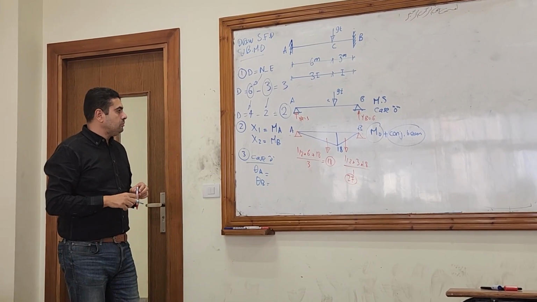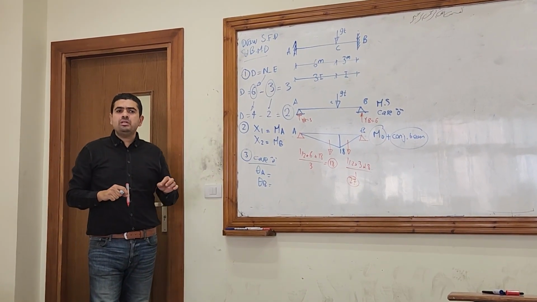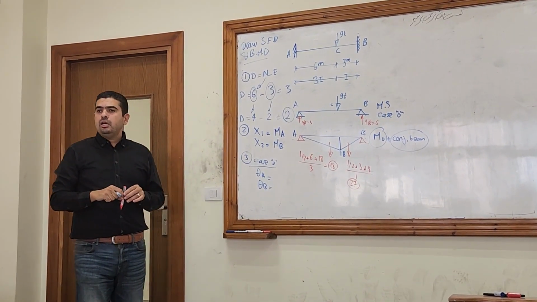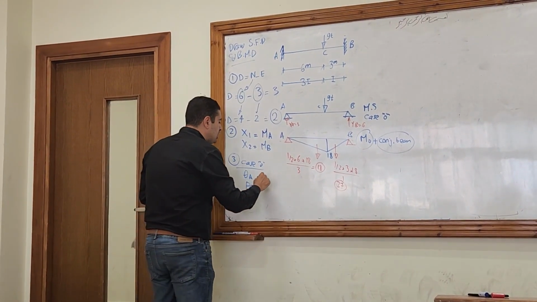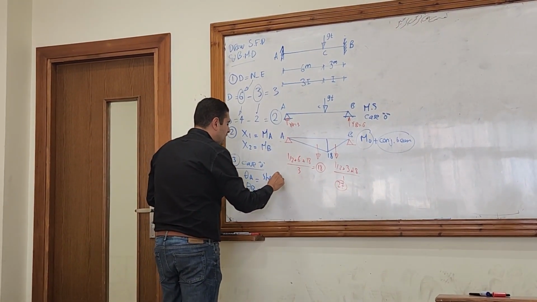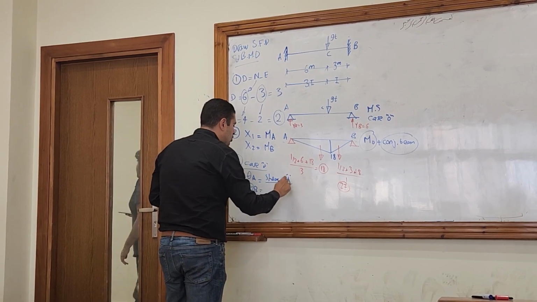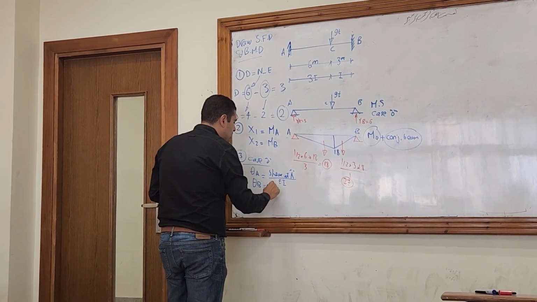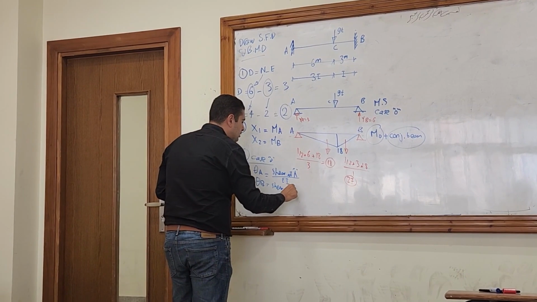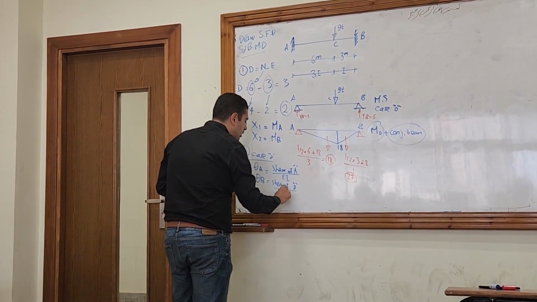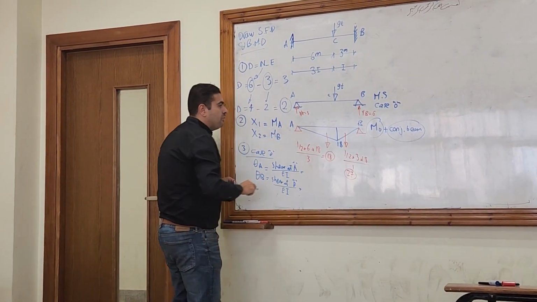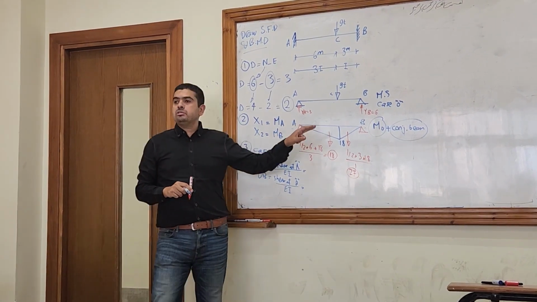What is the rotation in the deflection? Rotation is the shear at A from the conjugate divided by EI, and the same for B, shear at B divided by EI. So first I have to calculate the reaction.